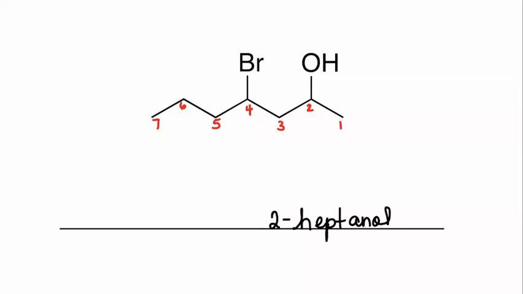How many substituents do we have? We have 1. So let's put location and name for it. Great job. So on carbon 4, we have a bromo group. Remember, whenever we have words and numbers, we always separate them with a hyphen or a dash.